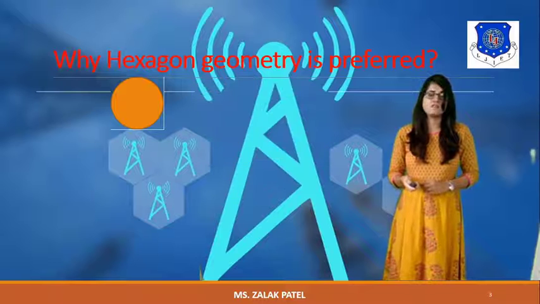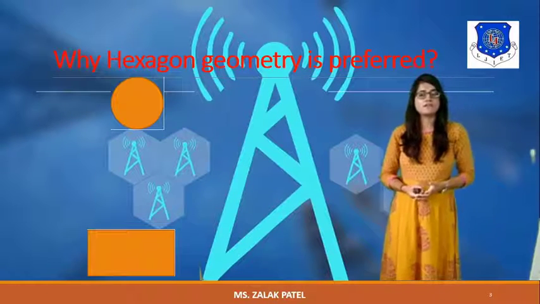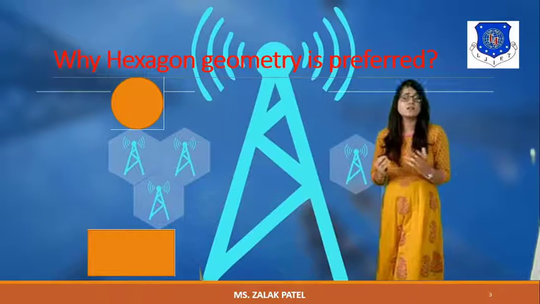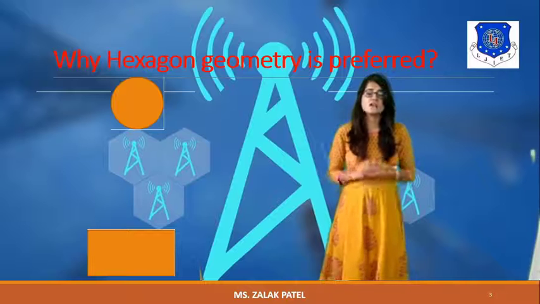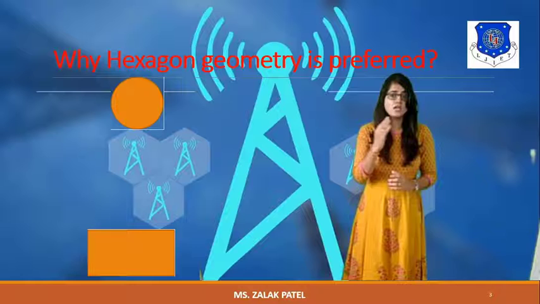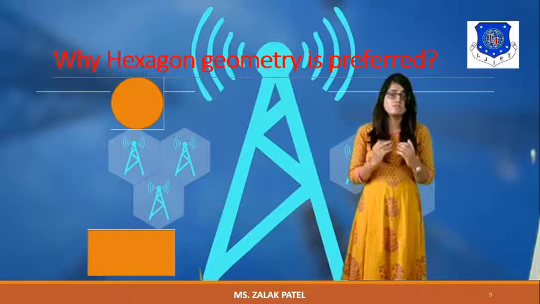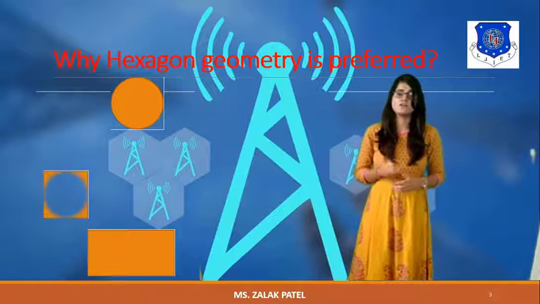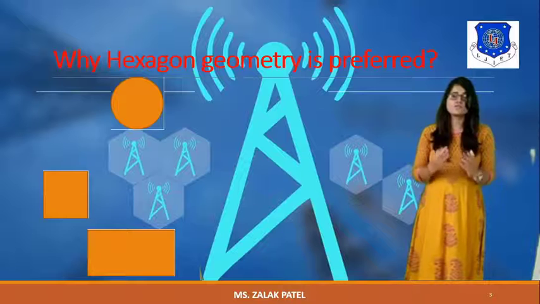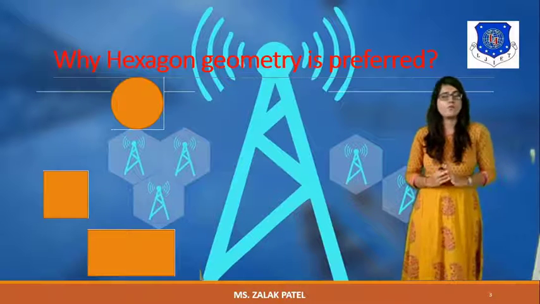Let's take another shape, the rectangle. In the rectangle the overall area is covered, but the area covered by the rectangle is given by A into B, where A and B are the sides of the rectangle, which is small. Now take the case of a square. Here the area covered is A square, meaning side square.